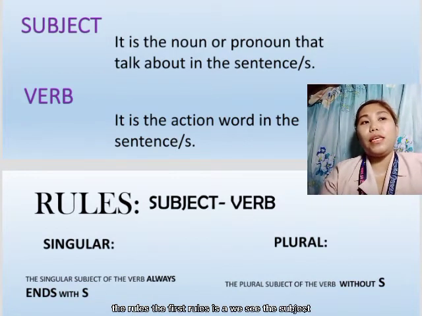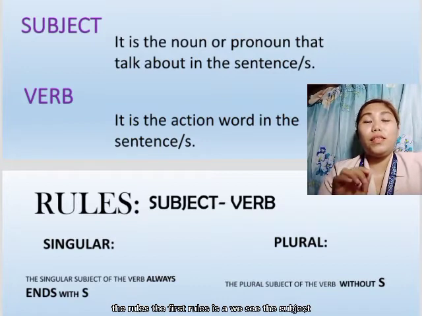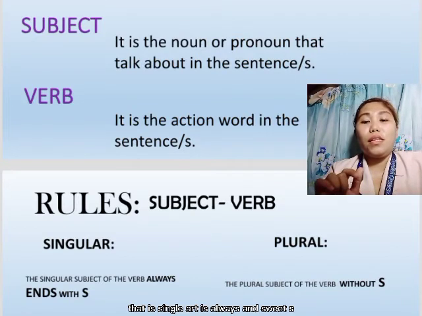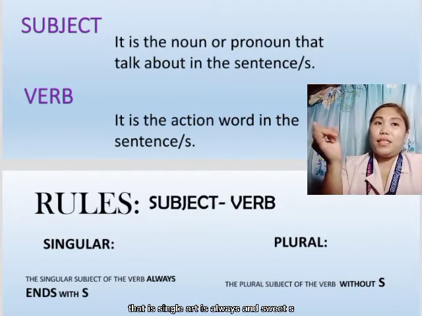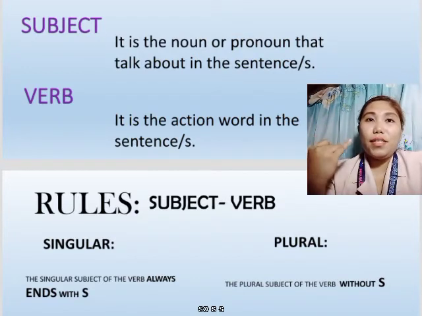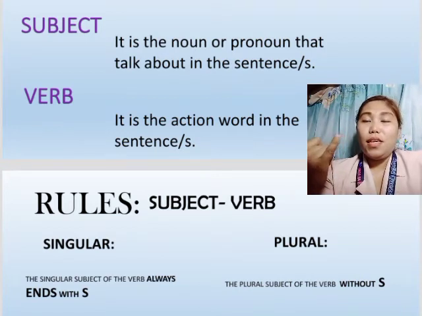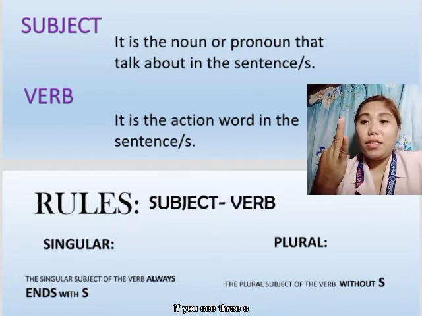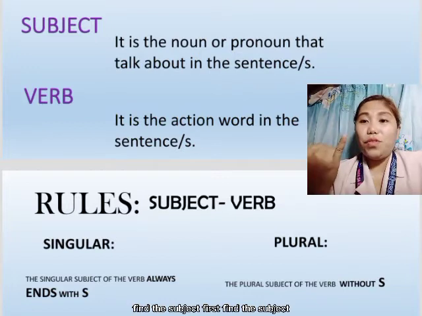The first rule is, if the subject is singular, the verb always ends with S. If you see a third-person S, find the subject first.